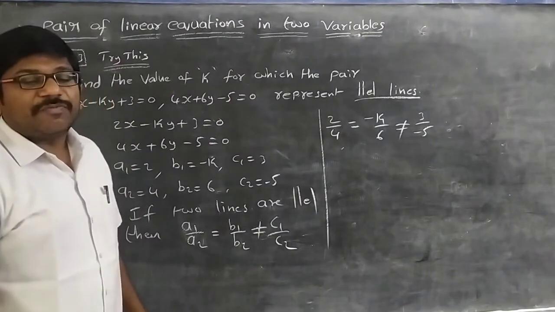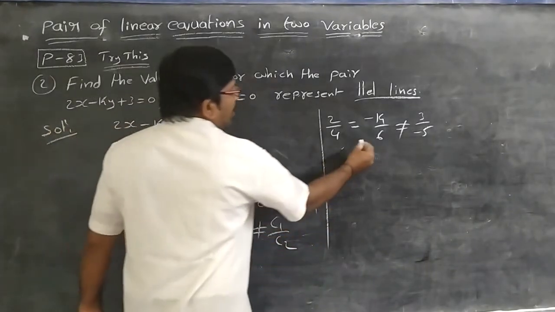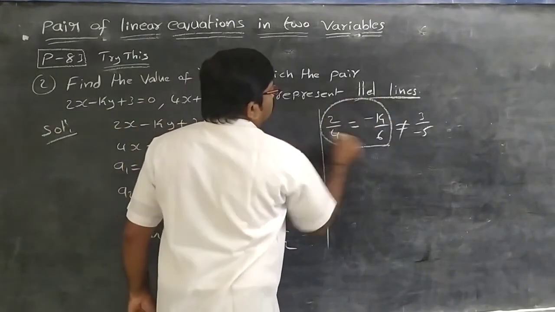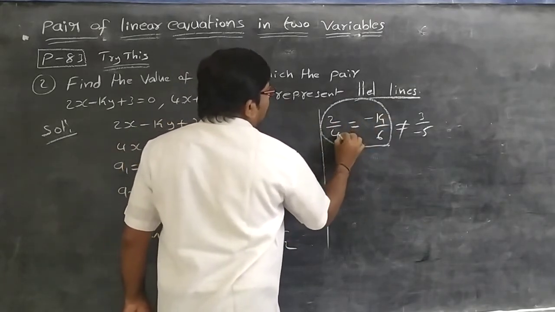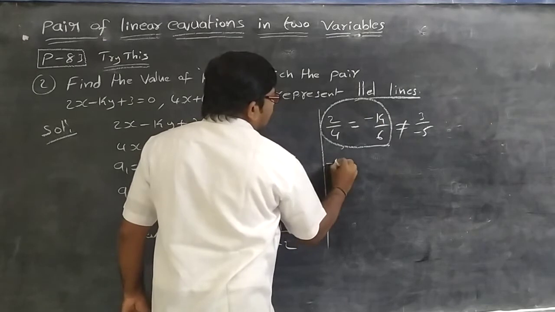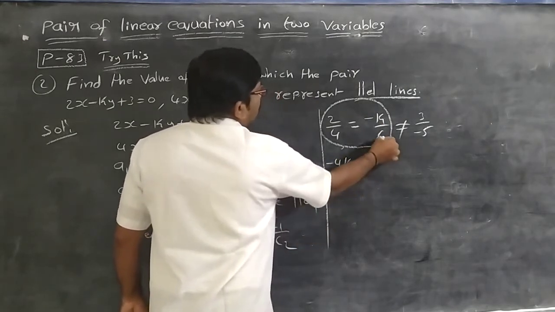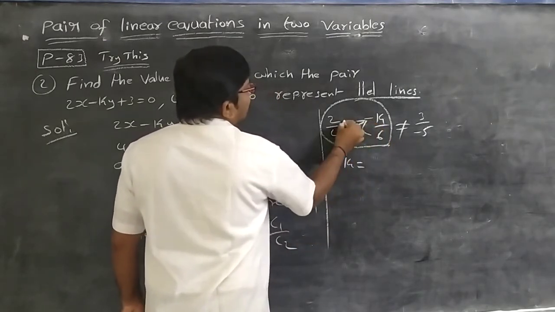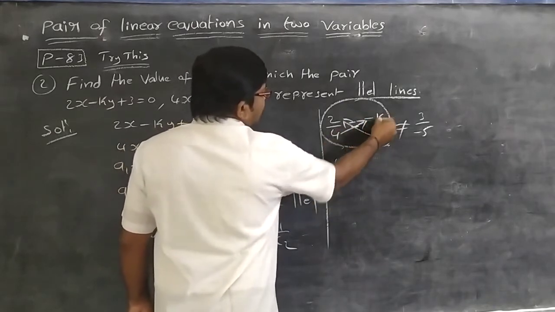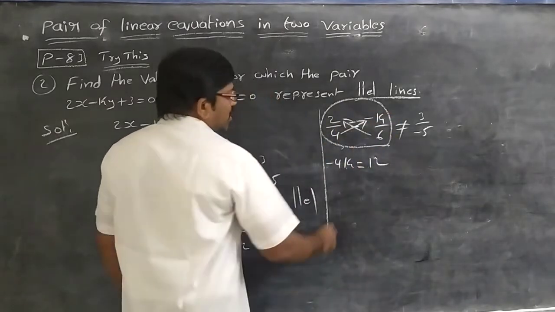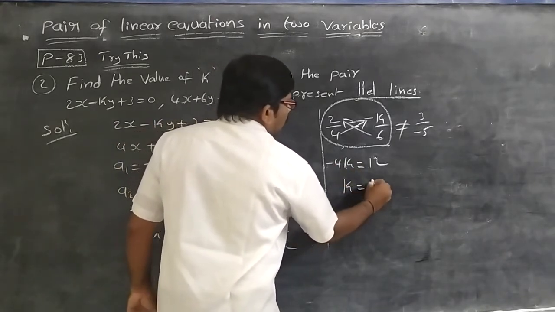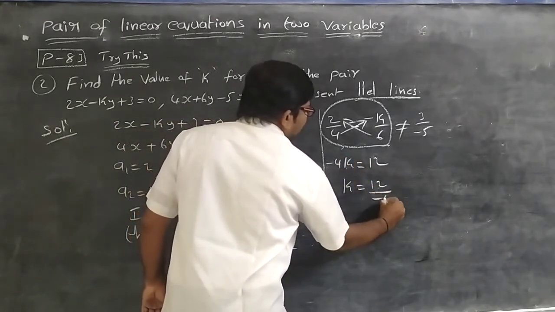So here we want to find only the k value. By taking this part only, minus k by 6 equal to 2 by 4. Now cross multiply: 4 into minus k, minus 4k is equal to 6 twos are 12, right? Then k is equal to 12 by minus 4.